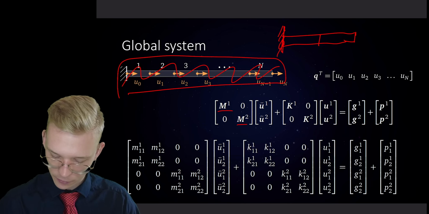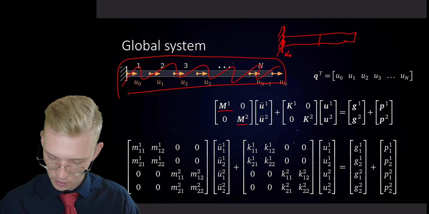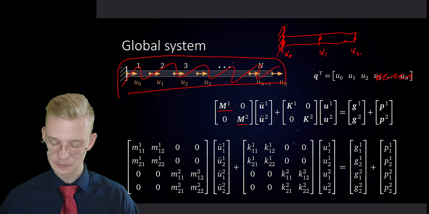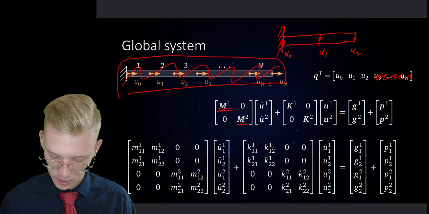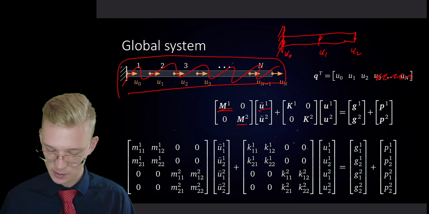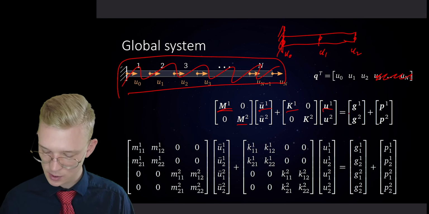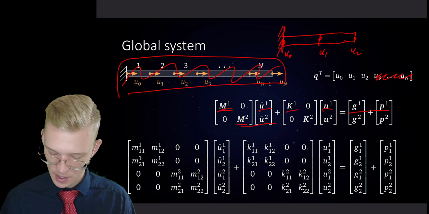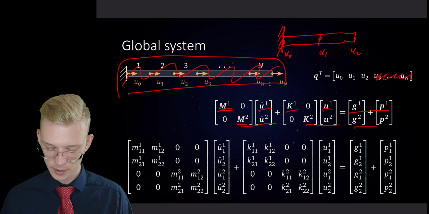So we have displacement u0, which is 0, u1, and here we have u2. And because we know Newton, we know that m times the acceleration plus k times the displacement is equal to the forces. And the same goes for the second element.